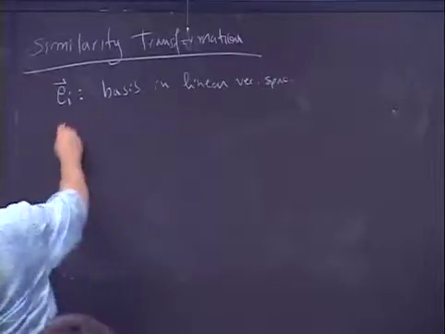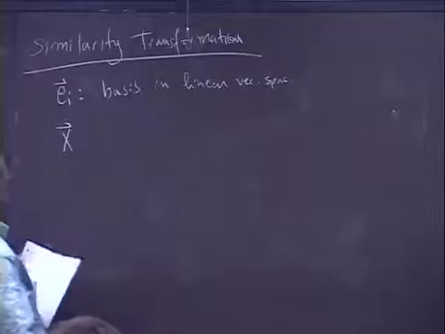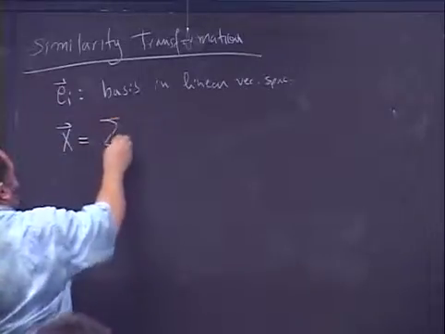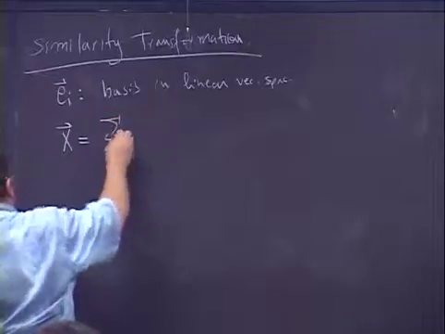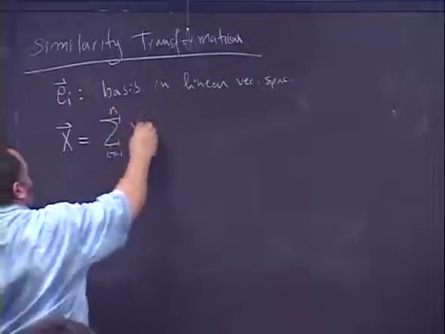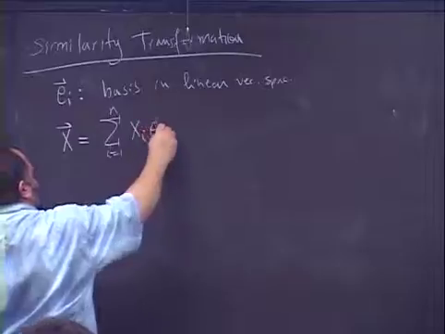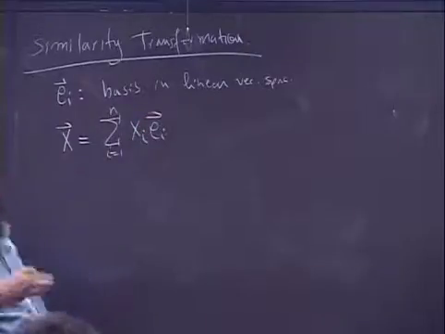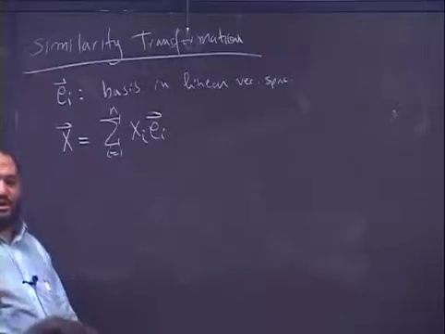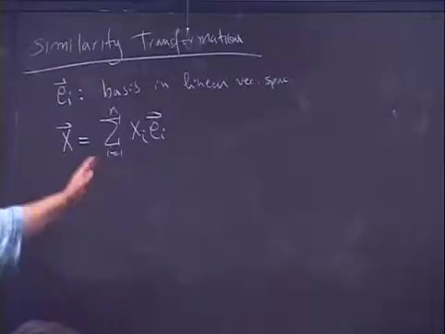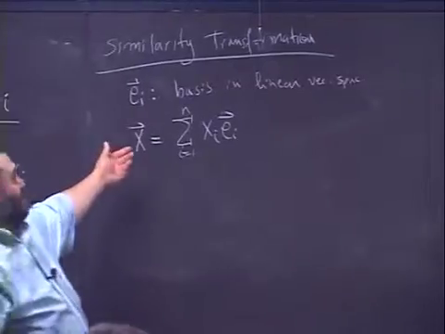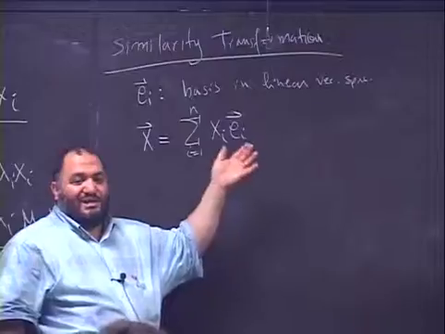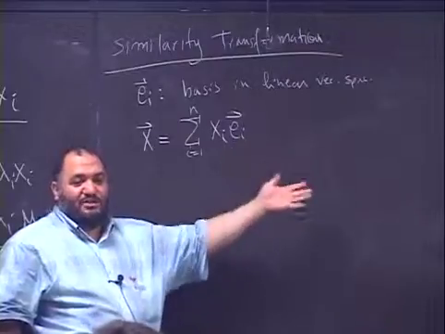So I can, in principle, write any vector x in terms of those bases as the sum from i equal 1 to n of x_i e_i, where those are the components x_i in the direction of those bases. So it will be x1 e1, x2 e2, x3 e3, and so on. If you remember the case for three-dimensional vector space, we used to write this as x1 i plus x2 j plus x3 k, for example.